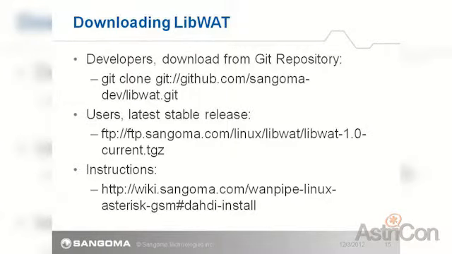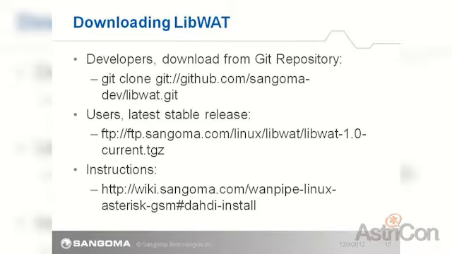To download LibWAT, if you're a developer, I would recommend you download our development version from a GitHub repository. This is the equivalent of downloading the SVN trunk for Asterisk. You get all the latest features. Unfortunately, it's not as tested, so you would have to test it a lot before you put it in production.